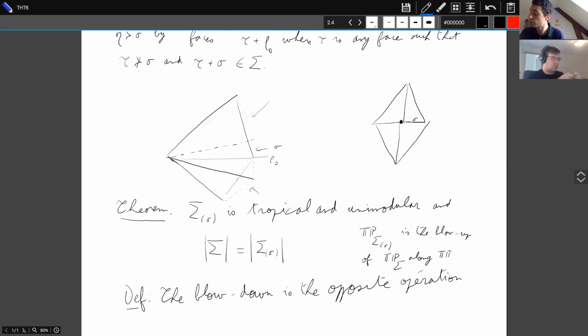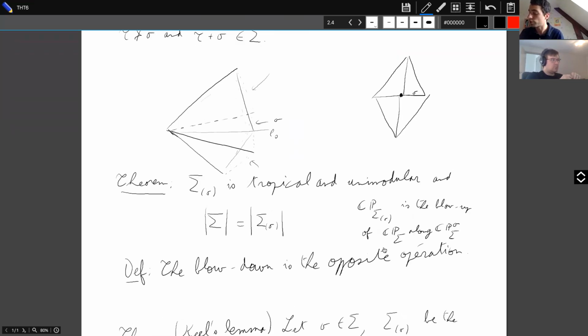I have denoted this by, sorry, it's not T. Sorry, I'm too used to the tropical world. Along the stratum corresponding to sigma.